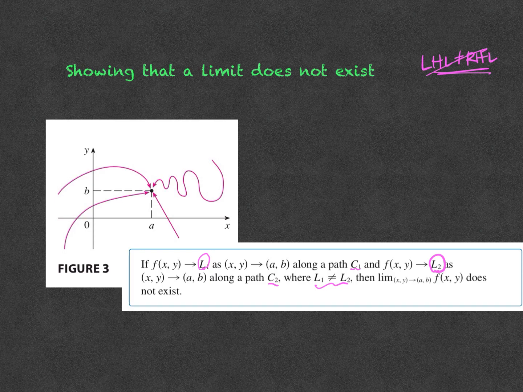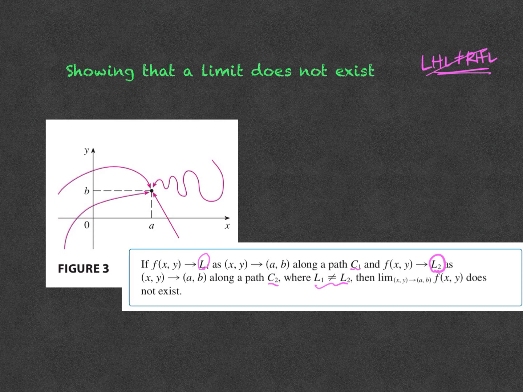So you just have to find two paths that are not equal, and that will prove the limit does not exist. Instead of saying the right-hand limit doesn't equal the left-hand limit, we say the limit from C1 does not equal the limit from C2. And it's a similar concept brought forward into multivariable calculus.